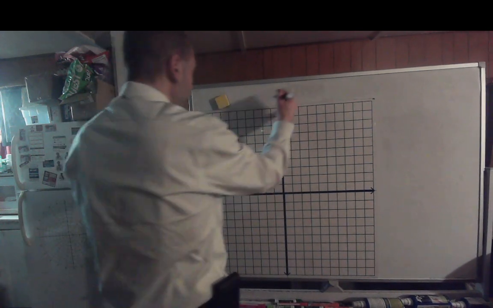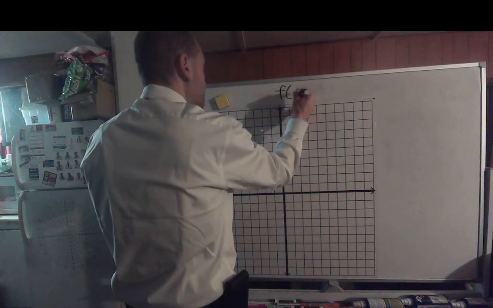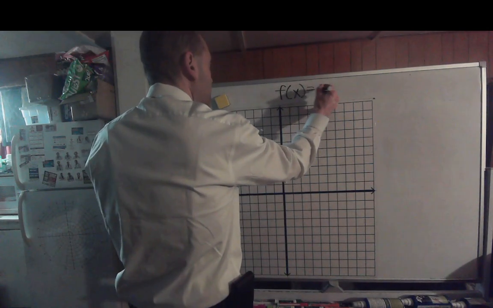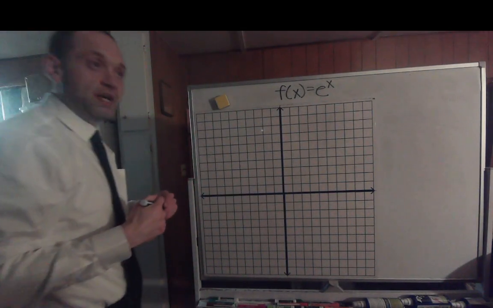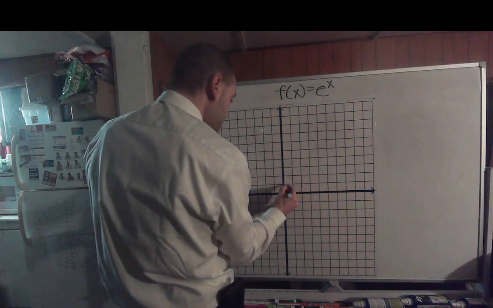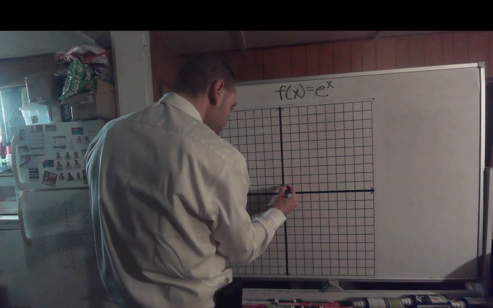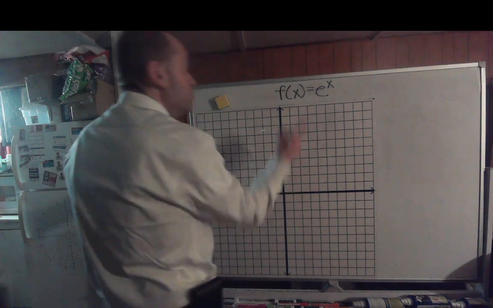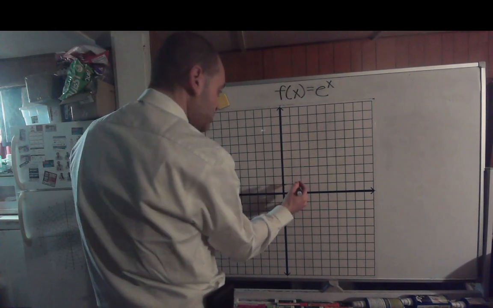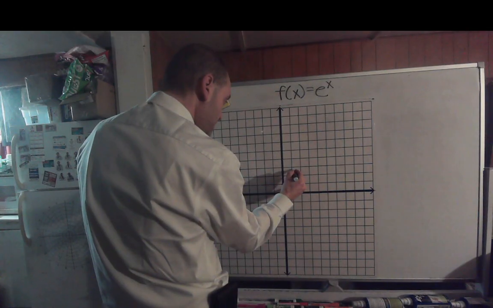So let's just graph f of x equals e to the x real quick. So f of x equals e to the x. Well, make x 0, that's still going to be 1. E to the 0 gives you 1. Make x 1, you would get about 2.72, which would be right about there.